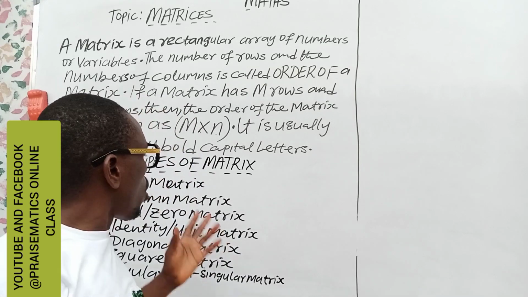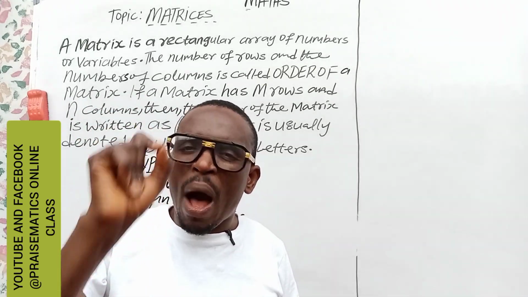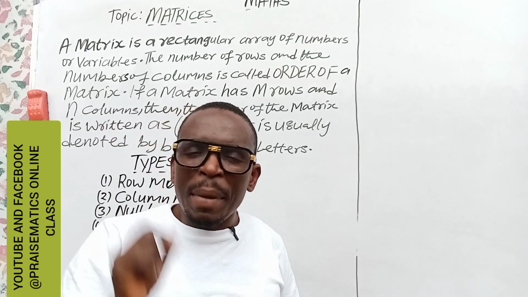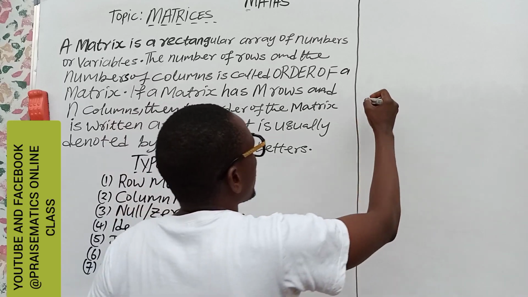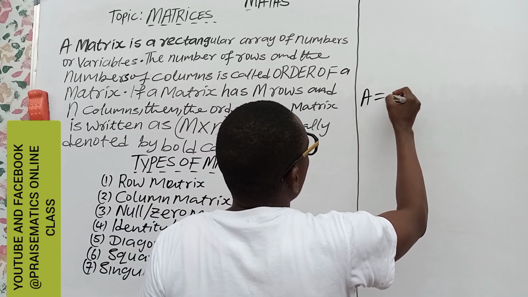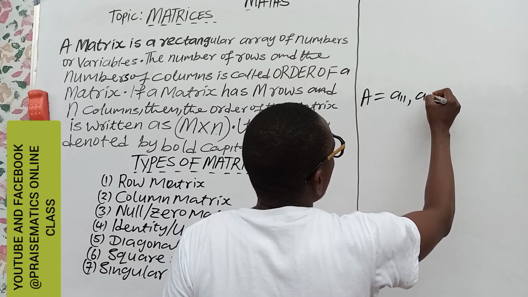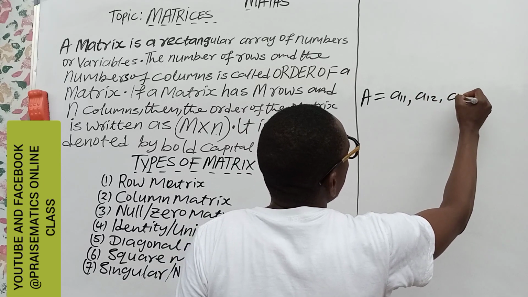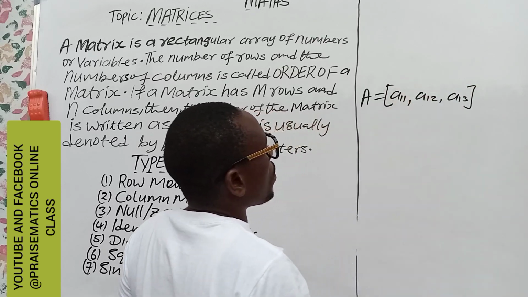We have what we call a row matrix. A row matrix is a type of matrix that contains exactly one row, or only one row. For example, if you have a matrix A equals A11, A12, A13, this is what is called a row matrix.